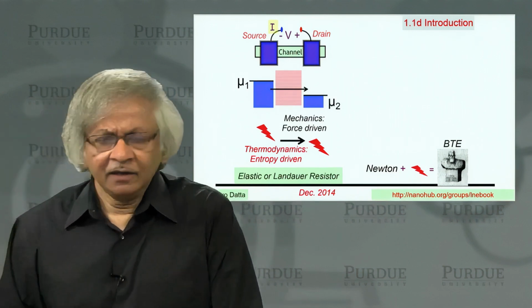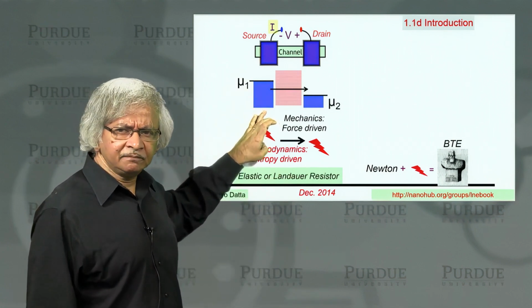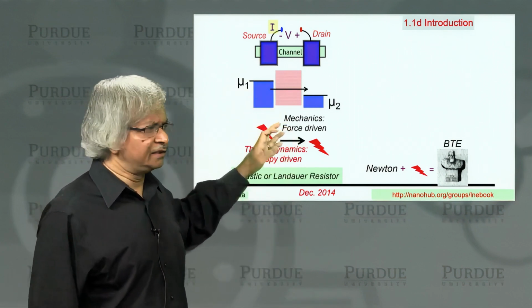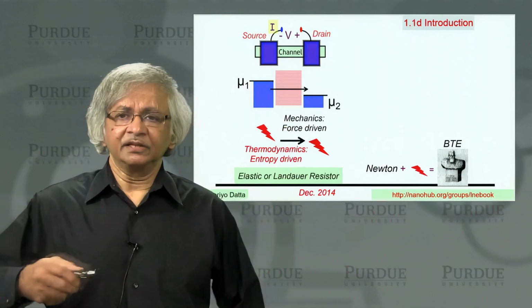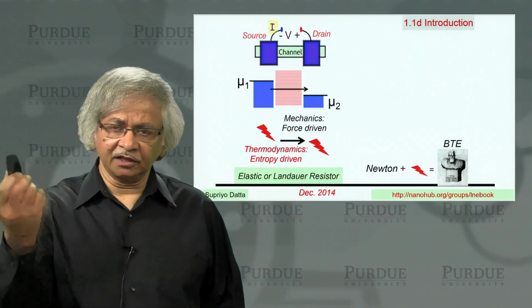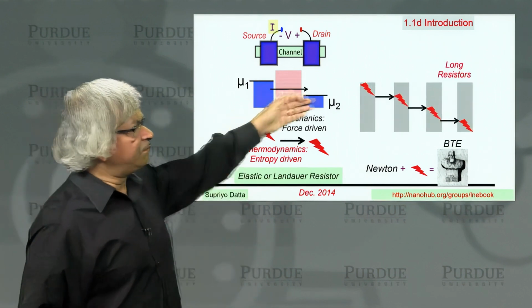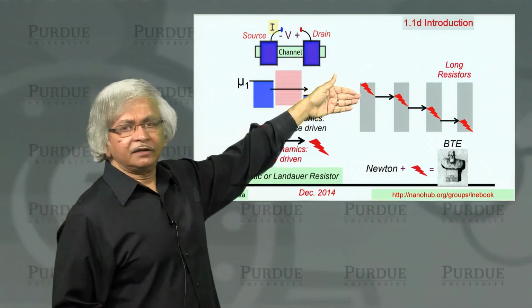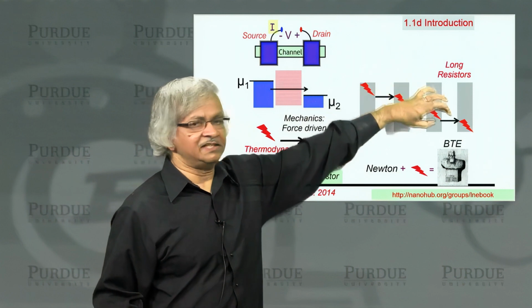Now you say, well, I get it. For small devices, you have this simple picture, but how do you handle big devices? Didn't you just say you'd get me this expression for conductivity that applies for big devices, this conductivity for diffusive transport? Well, when it comes to big devices, the way we think about it is as if it's lots of little nano devices in series.